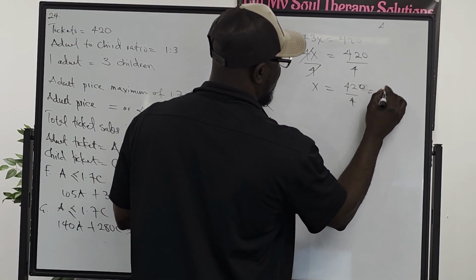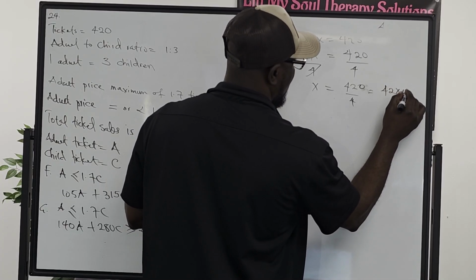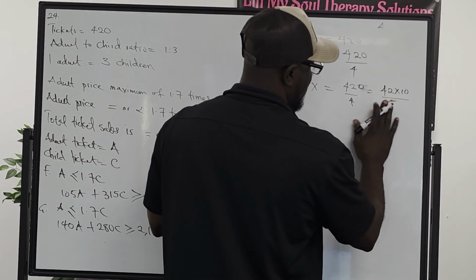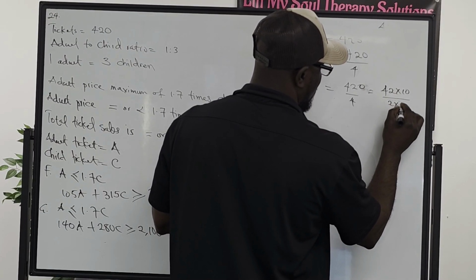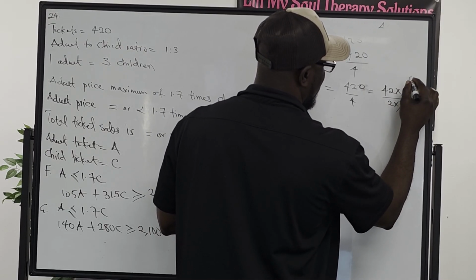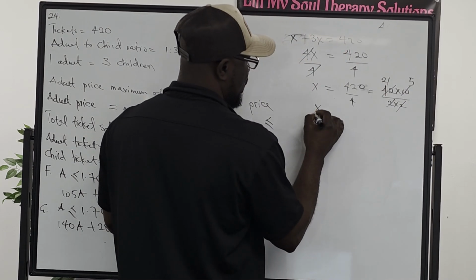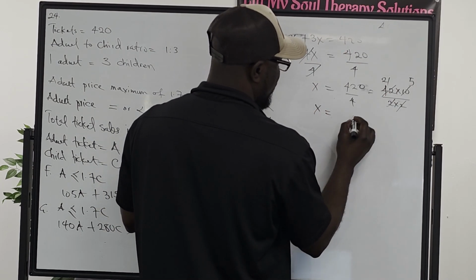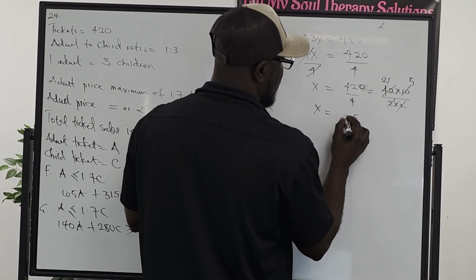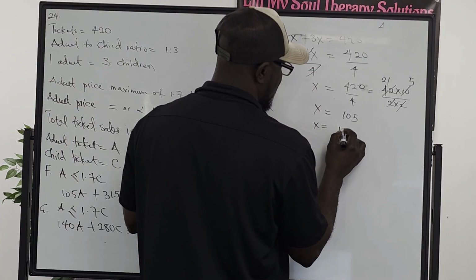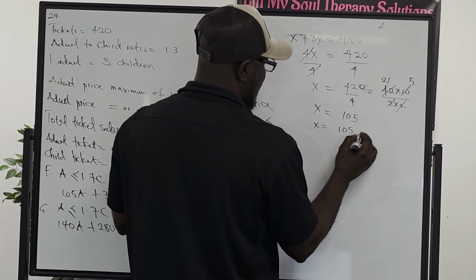This is the same thing as 42 times 10 over 4. It's the same thing, and the 4 is the same thing as 2 times 2. So 2 into 10 is 5, and 2 into 42 is 21, so x is 21 times 5, that's 105. So your x is 105. That's the adult price.